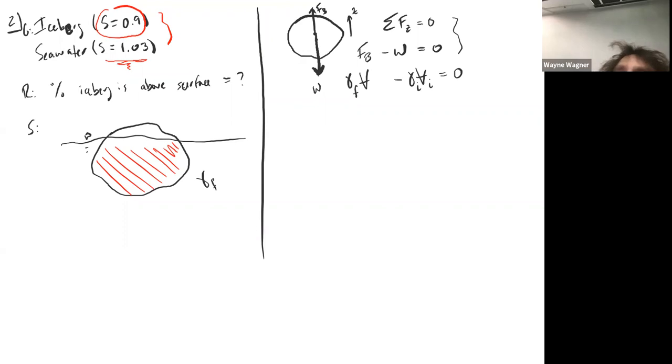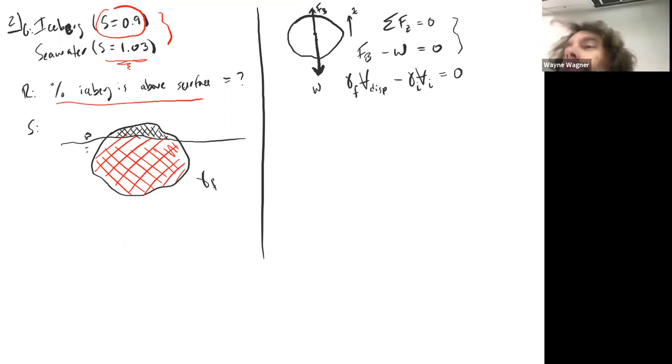So there's the volume underneath the surface. And that's pretty useful because we're looking for the percent of iceberg above the surface. So if we know how much is below the surface, we can get how much is above the surface. This is what we call the volume displaced. That's the volume in red. It does not include the volume in black here. And that's almost always what I'm trying to get you to understand when I ask these questions.